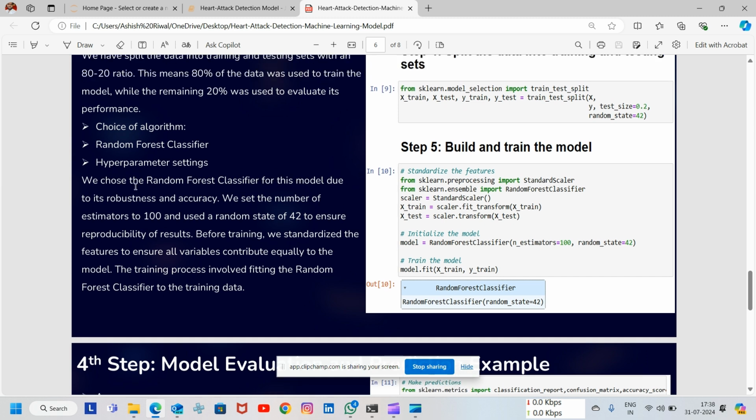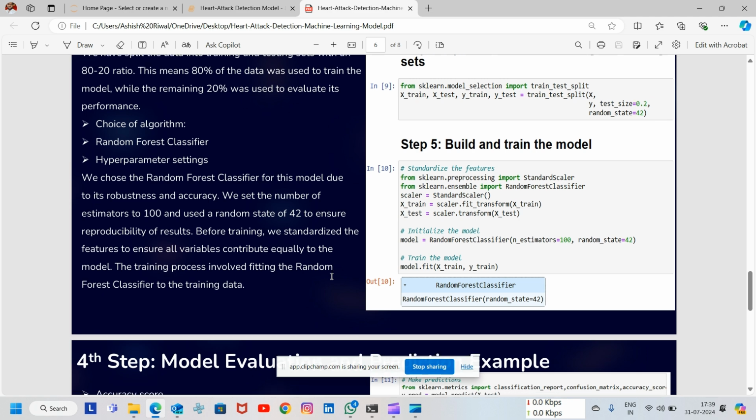We chose a random forest classifier for this model due to its robustness and accuracy. We set the number of estimators to 100 and used a random state of 42 to ensure reproducibility of results. Before training, we standardize the features to ensure all variables contribute equally to the model, and the training process involved fitting the random forest classifier to the training data.